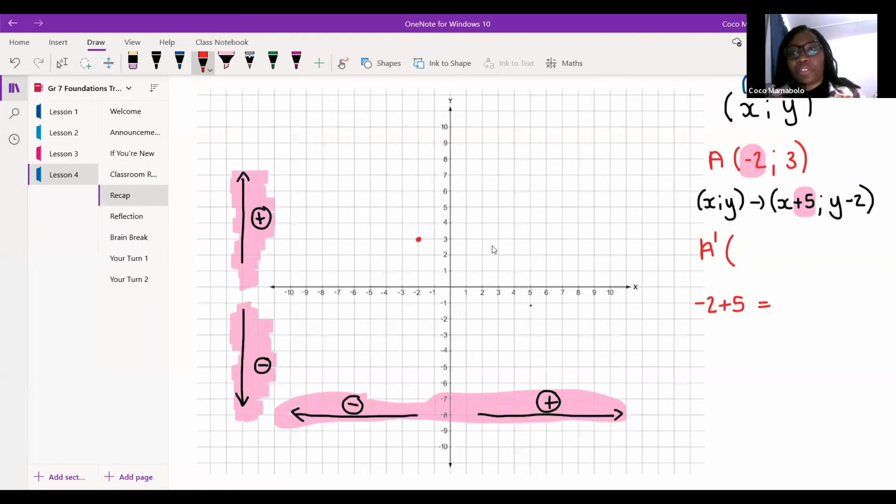If I have to + 5, am I going to move to the right or to the left, guys? Right, good. We're moving right. How many times am I moving right? Look at the rule. How many times am I moving?